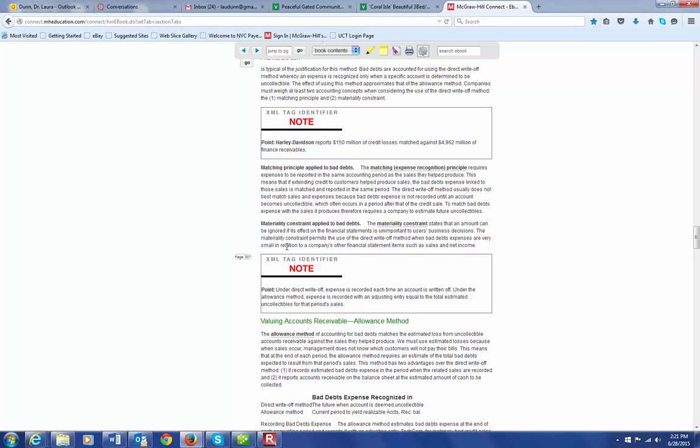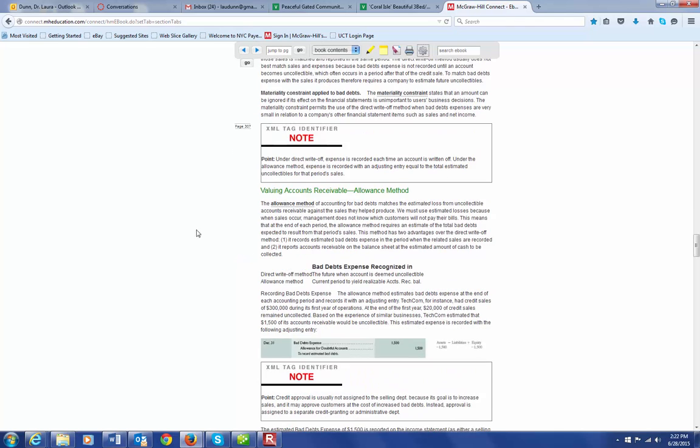If it's really not going to make a difference, then based on materiality, it permits the use of a direct write-off method. So if it's really not going to make a real difference in your net income, then GAAP principles allow you to just use the direct write-off method. Otherwise, you're expected to use the allowance method for estimating your bad debt expense.